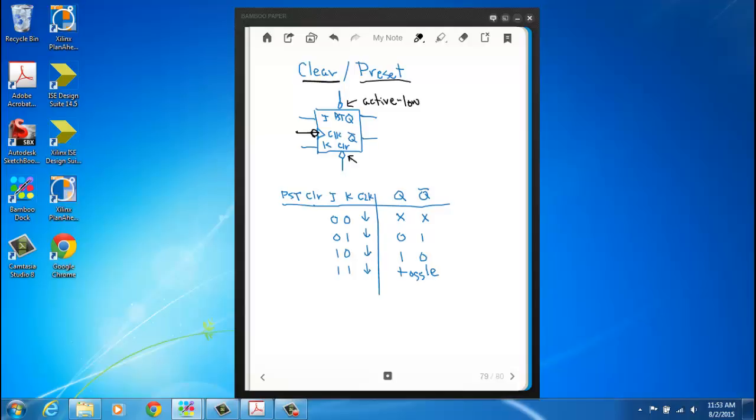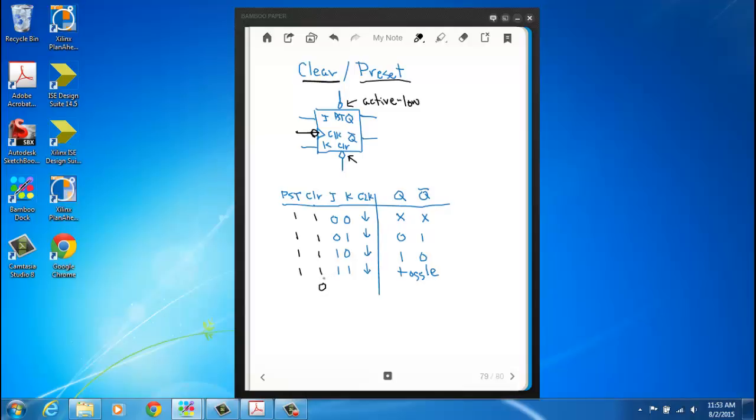So since these are active low, if both of these are 1s, which means they're not active, well then the Q outputs are just going to depend on J, K and clock, just like if we didn't have those inputs. But let's see what happens when we activate, say, clear.